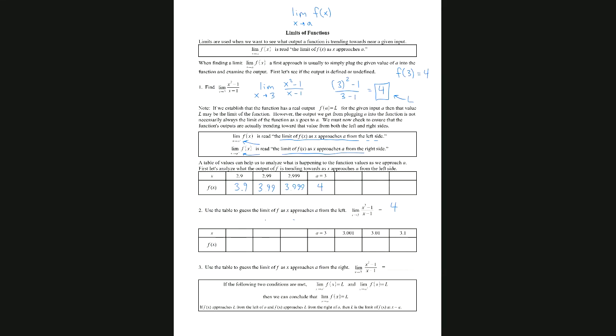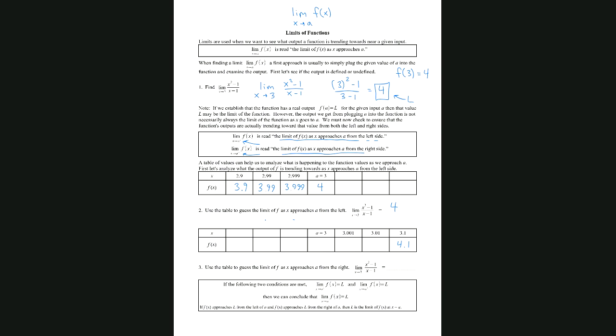Now let's try the right side. We'll plug in 3.1 into our formula. So 3.1 squared minus 1 over 3.1 minus 1. That gives us an output of 4.1.